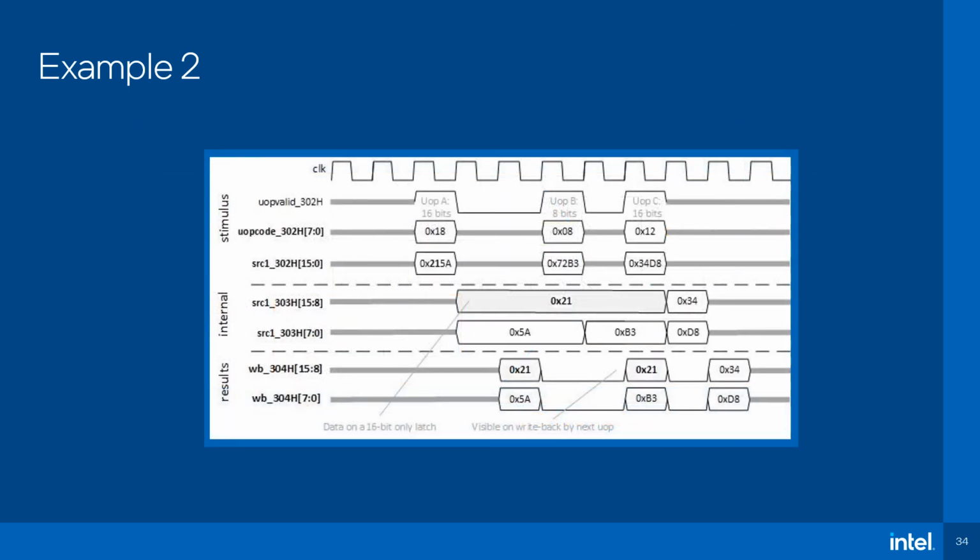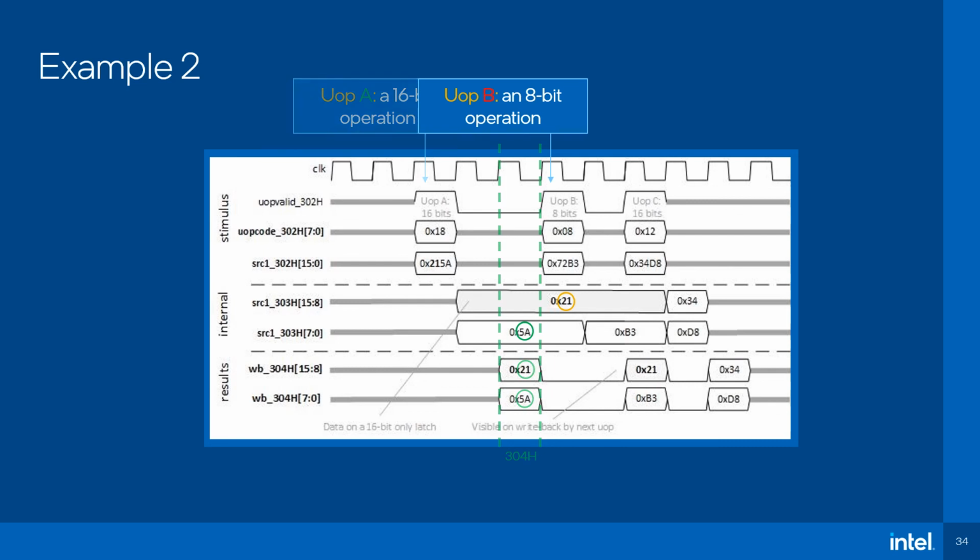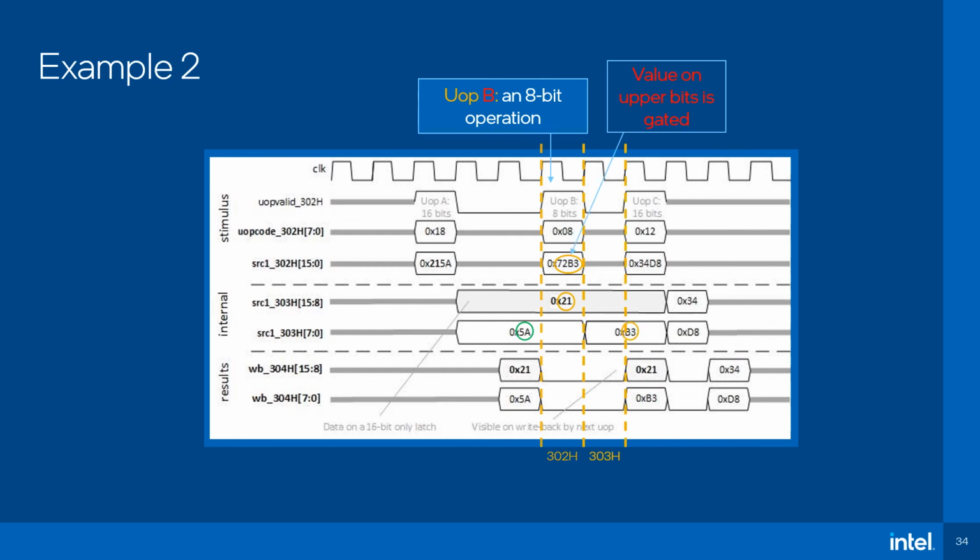Here is an example of this bug with concrete values as reproduced in dynamic simulation. First, we see a 16-bit operation dispatched at the 302 pipe stage, propagate through the internal state at 303, and write the output at 304. The second operation is only 8-bit wide. It does not open the internal gated clock that only opens for 16-bit wide operations.